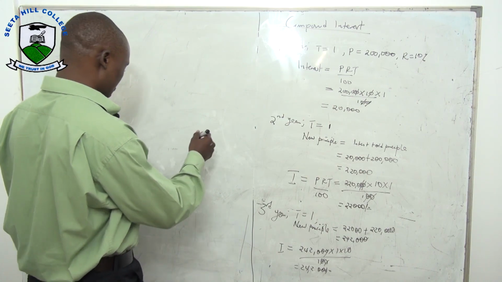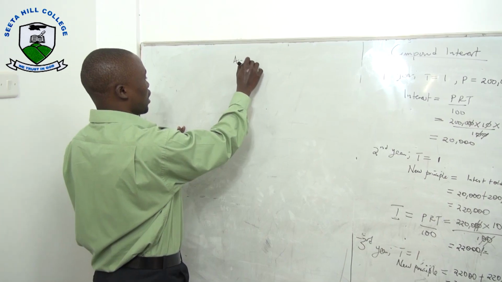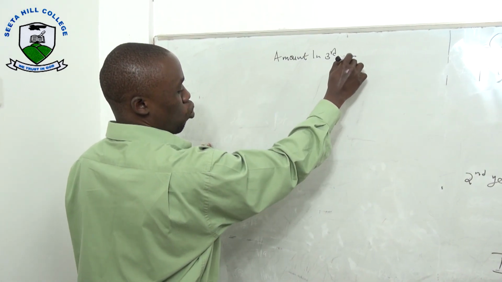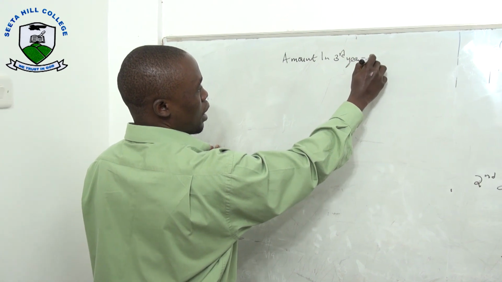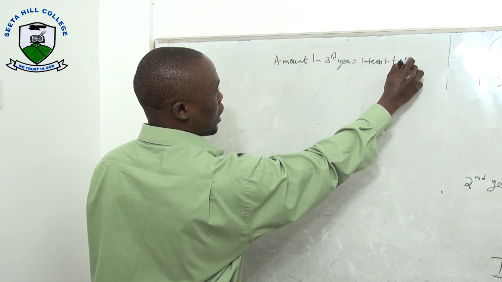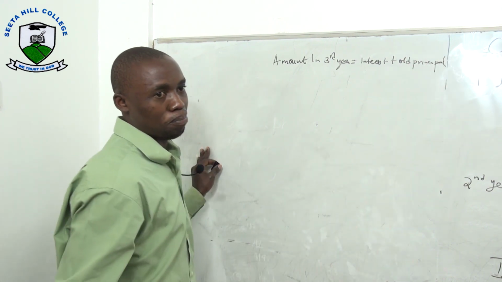You understand? The principal is the amount in that year. The amount in the third year will be the interest that year plus the old principal. Clear?